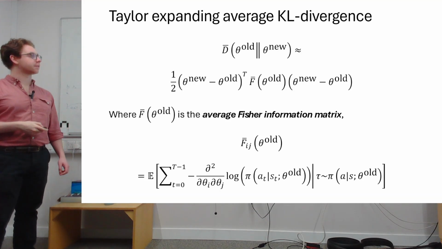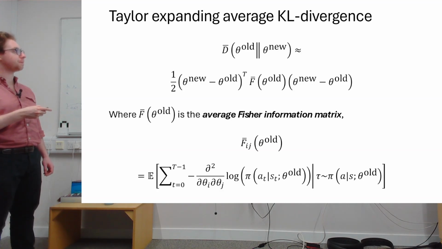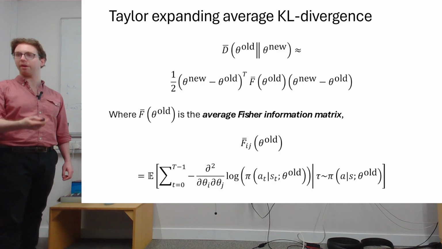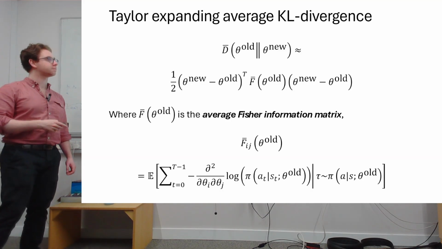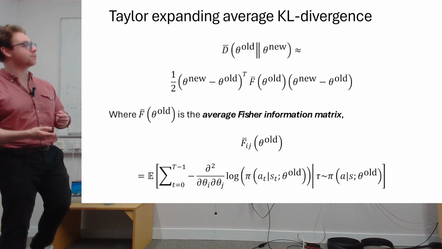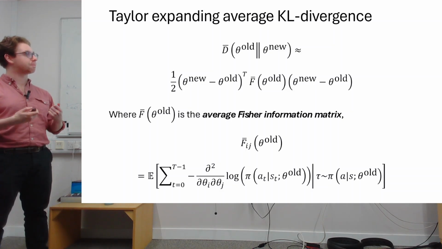So this thing is called the average Fisher information matrix, and it can be written like this. It turns out to be the second order Taylor expansion of the average KL divergence. So this is where it comes from. We have both of our terms in the objective, the surrogate advantage and the average KL divergence, and we've Taylor expanded them both to leading order.